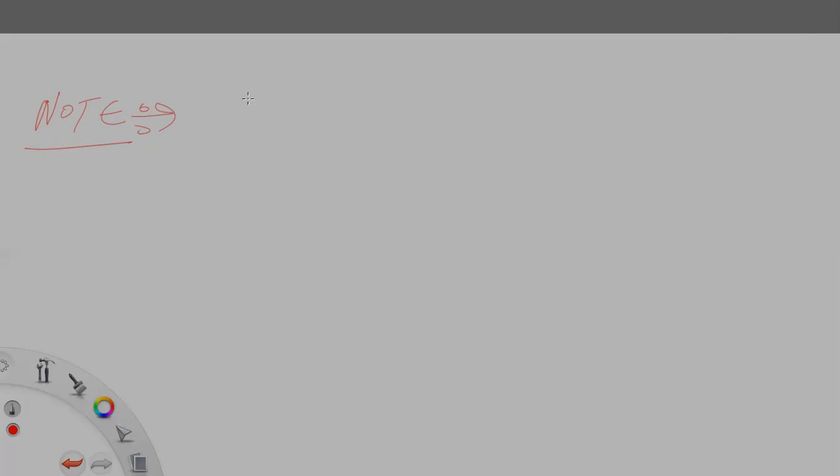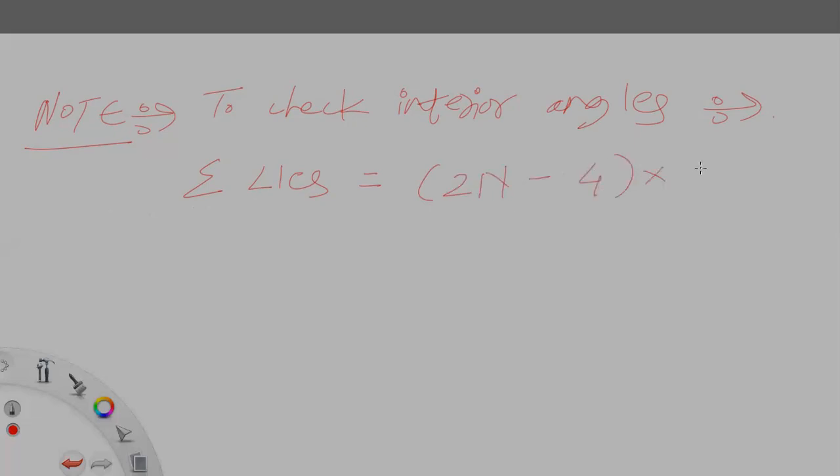Now, one more thing for the students, to check the interior angles of the traverse, you need to remember that the summation of all internal angles is equal to (2n minus 4) into 90.